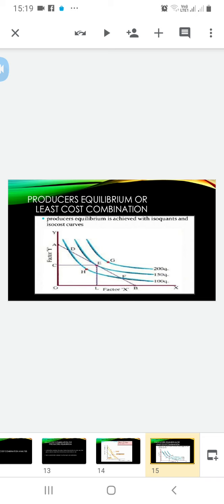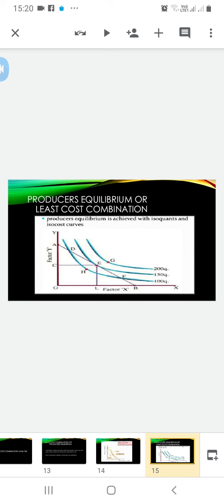The equilibrium of the firm can also be explained considering the MRTS and the ratio of prices of the two factors L and K. MRTS of the factors is given by the slope of the isoquant and the ratio of prices is given by the slope of the isocost line.